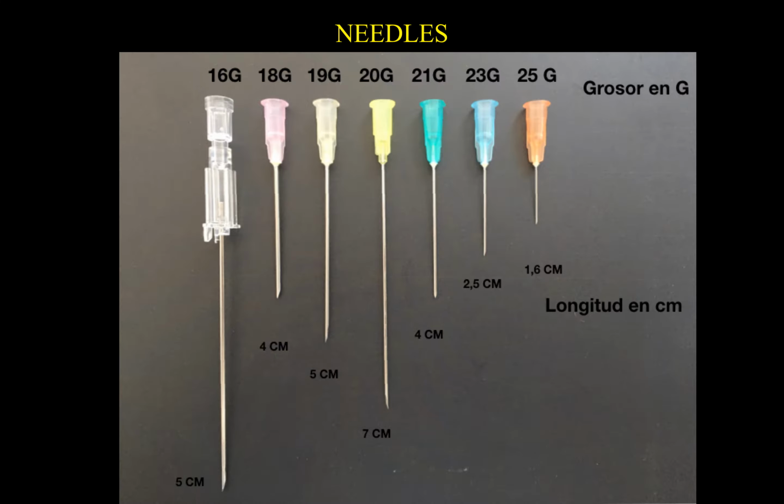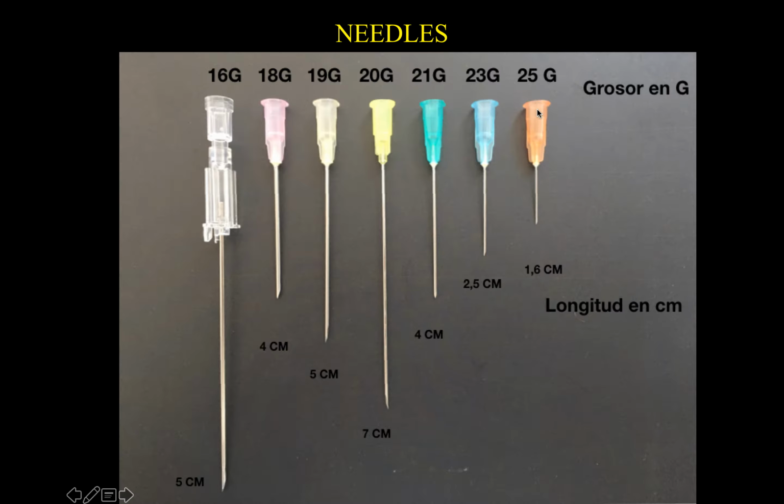Important is to choose the correct needle, to go to the depth and also to control the entry point. We have a lot of needles, so we normally use needles that go from 16 to 25 gauge and lengths from 2 to 7 or maximum 10 centimeters.